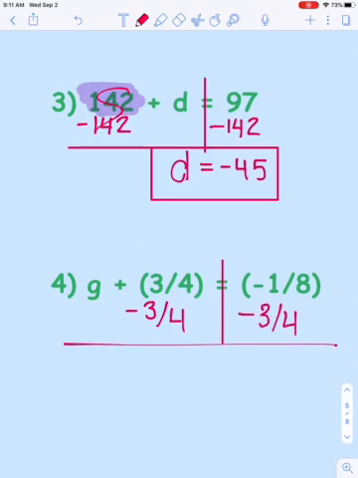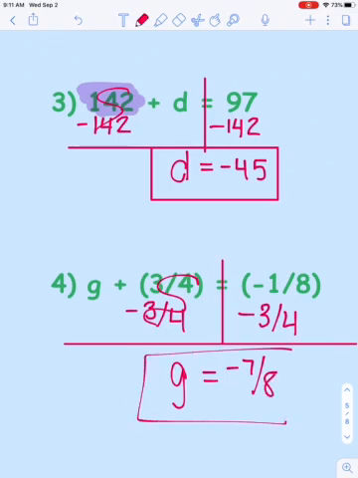It's the exact same line of thought. On the left, 3/4 minus 3/4 is 0. So you just have G equals, which is what we wanted. On the right, you have a negative 1/8 minus 3/4. So you just do negative 1 over 8 minus 3 over 4. And then your calculator will tell you that's negative 7/8.